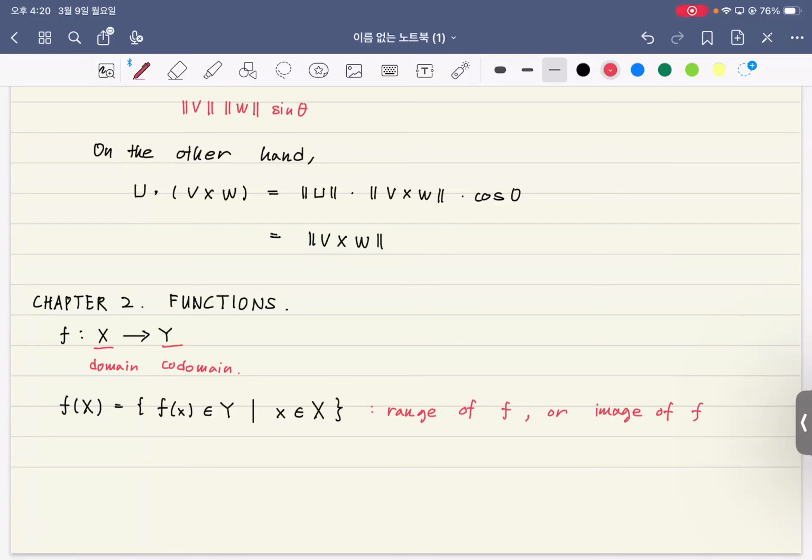What is range in Korean? It's called 치역, right? So usually the range is not necessarily the same as the codomain, but sometimes your range can be exactly the same as the codomain of your function. In that case, we say the function is surjective or a surjection.